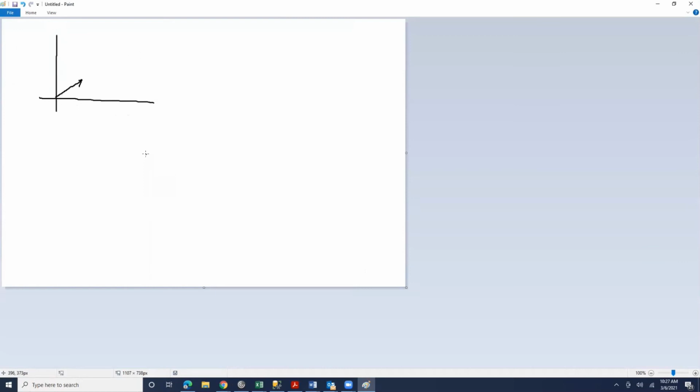Instead of thinking we are rotating the arrow or we are stretching the arrow, I can think as if the sheet itself has been stretched, right?